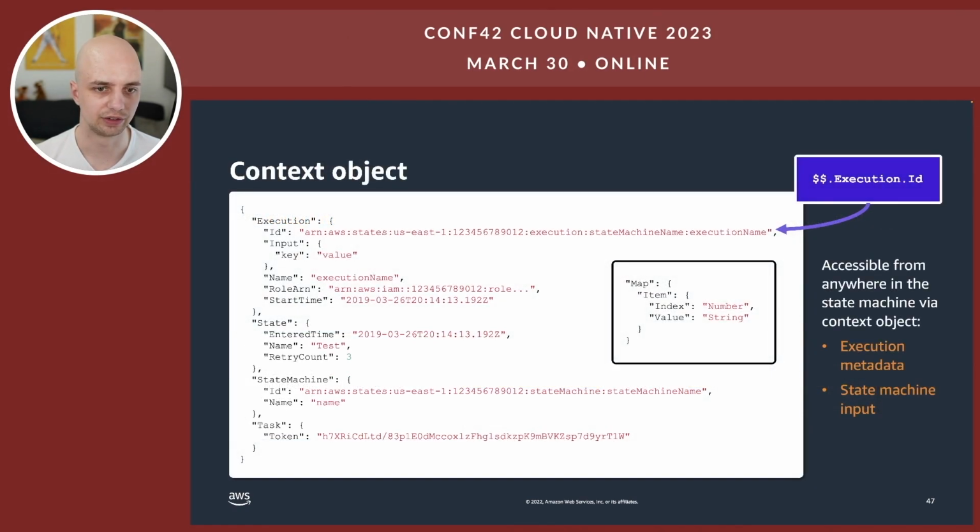So let's look at the context object. You can also get some context information from the step function's execution outside of the state input using $.execution. And then you can, for example, get the ID from the execution or the start time, which is useful in many cases, just so that you've heard of it already.